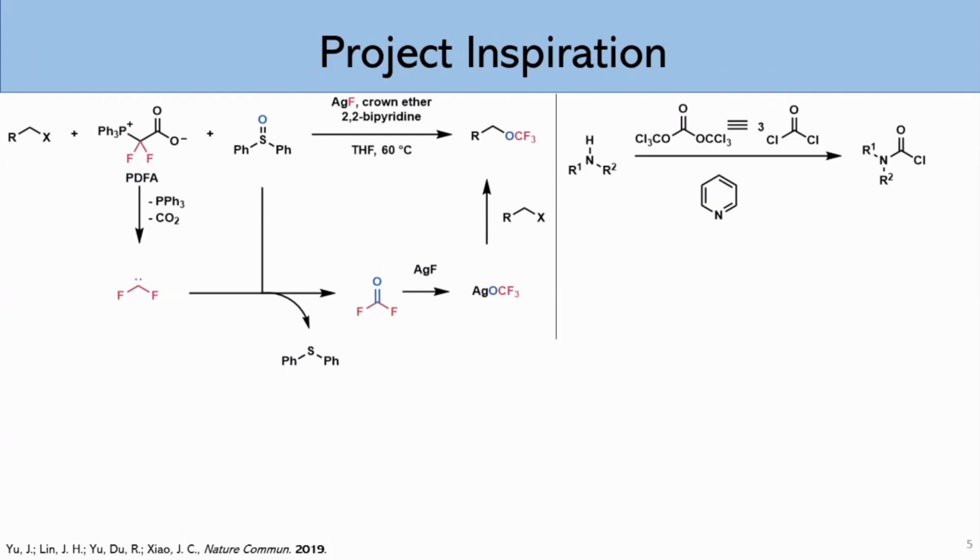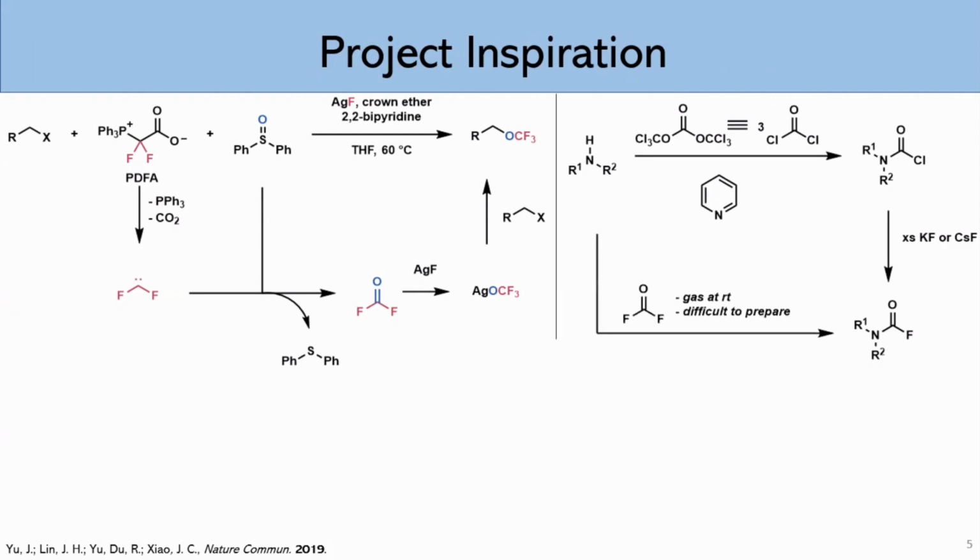And then you have your amine displace a single chloride or the pyridinium that's now bound to the carbonyl to access the carbamoyl chlorides. And just for reference, this is how the cross-coupling papers I showed earlier prepare their carbamoyl fluorides, by just treating these carbamoyl chlorides with a nucleophilic fluoride source.